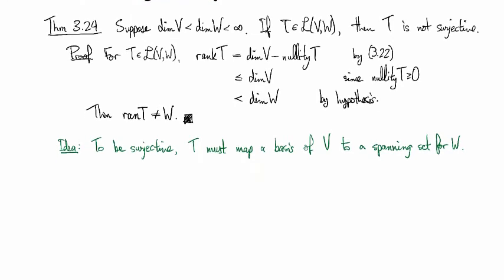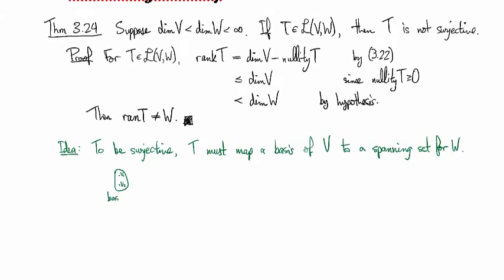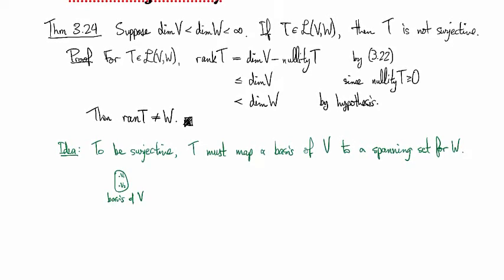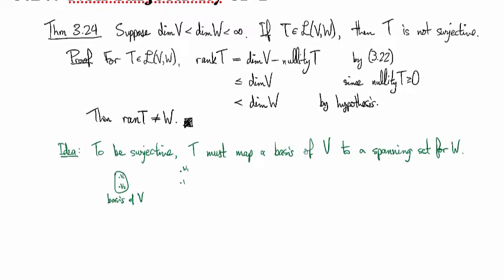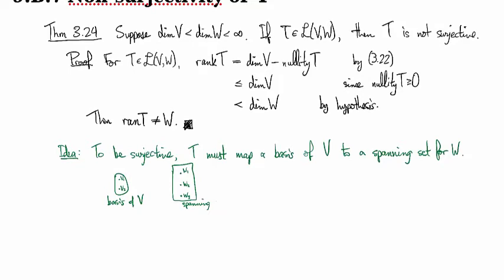All right. And again, the idea that you should have in mind is that if you've got a basis of, say, a two-dimensional space, and you're mapping it to a space that needs at least 3 elements to have a spanning set, right?